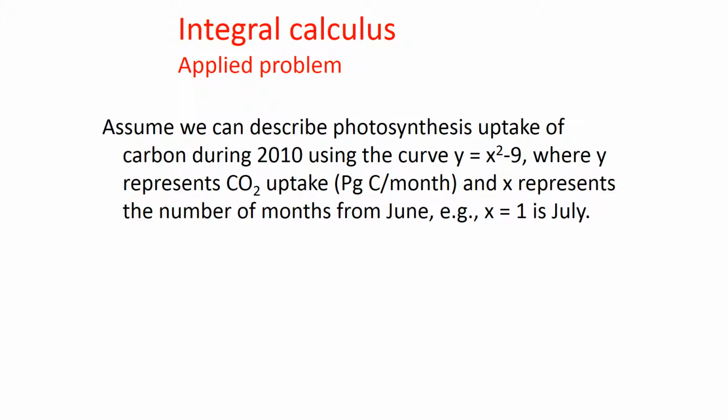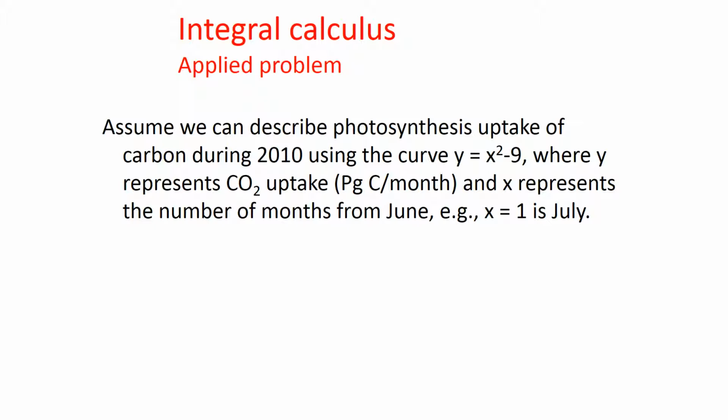And we could draw that curve. At 0, 0 squared is 0, minus 9, so that's going to be a point down there. When x is 1, it's going to be 1 minus 9, so it's a little higher up here.